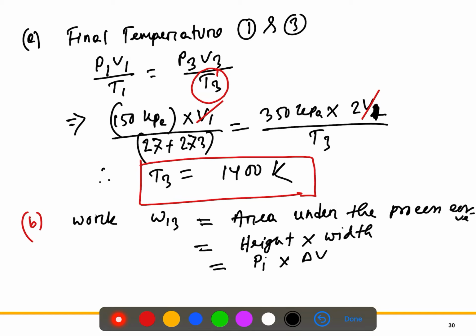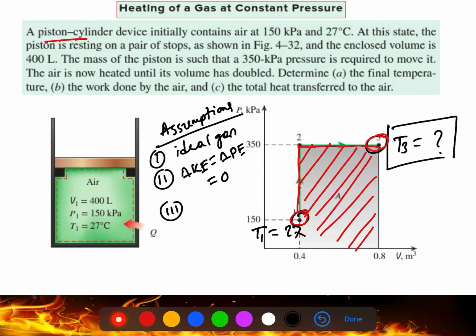So P is actually the pressure of the rectangle, okay, and this delta V is actually the change of the volume. So here we know the pressure for the rectangle. It is the pressure for this high state here, the maximum pressure.